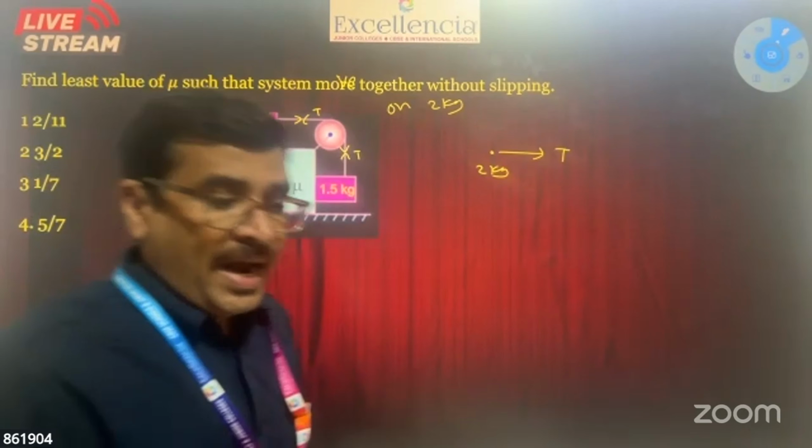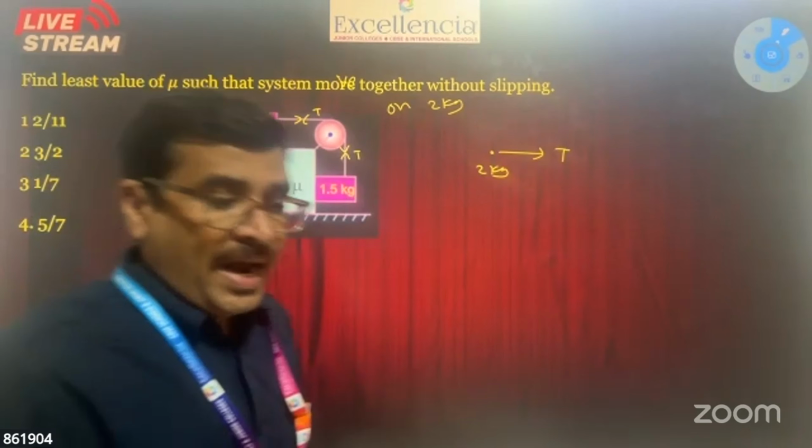But now the friction acts towards left. So I take the force of friction to the left, followed by the pseudo force of this block, which is m into a, which is 2 into a.